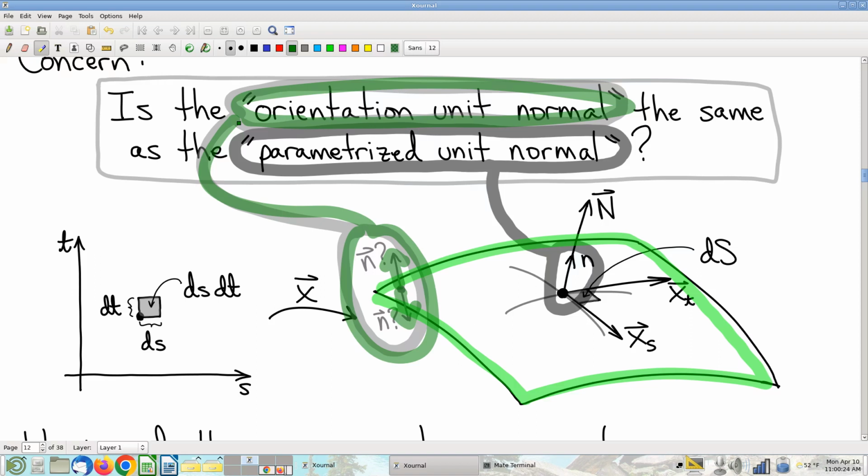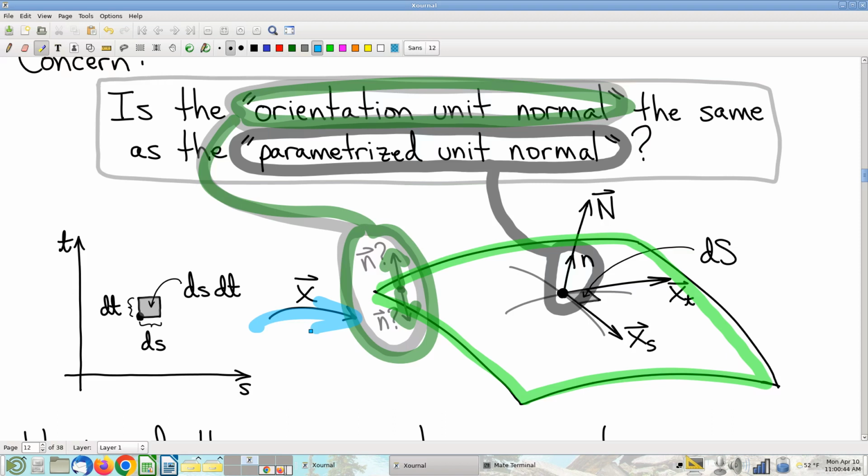Okay, now, here's the thing. When you parameterize the surface, most of the time you're not thinking about orientation. It's hard to even, at a glance, have any sense for how a parameterization has an orientation.